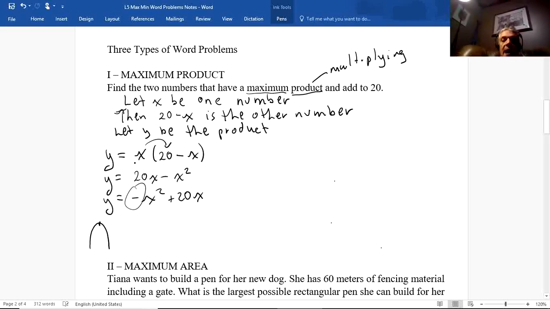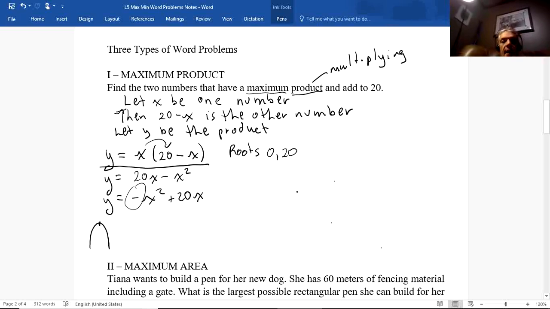But if I go back to this equation right here, I can see the roots right away. The roots of this equation are when this is 0 or when this is 0. So when do they become 0? Well, they become 0 when x is either 0 or x is 20, because 20 minus 20 gives me 0.